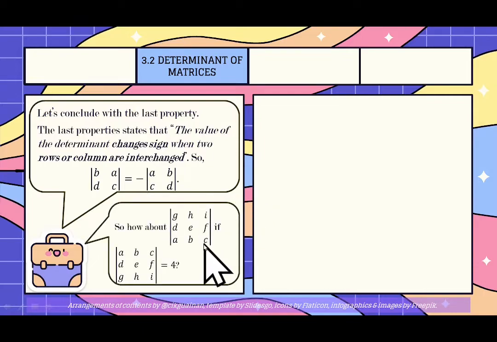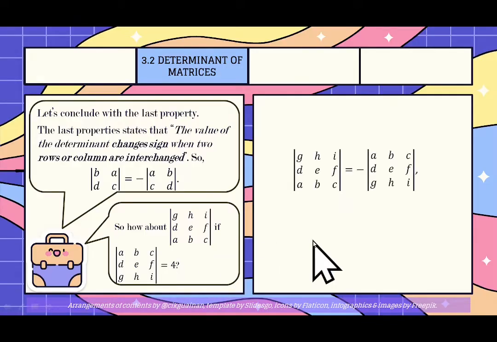So how about the determinant of this 3 by 3 matrix? If we have been given this one, this determinant is 4. So let's find out. The given determinant is G, H, I, D, E, F, A, B, C. If we compare to the provided one, we have A, B, C in the first row, but here we have them in the third row. And also, we have G, H, I in the third row in the provided matrix, but here we have it as the first row.